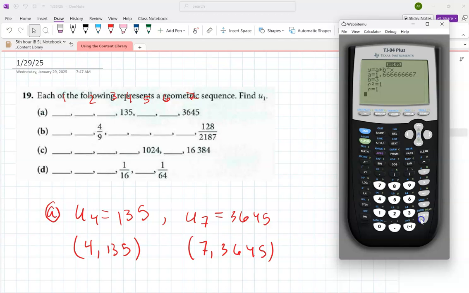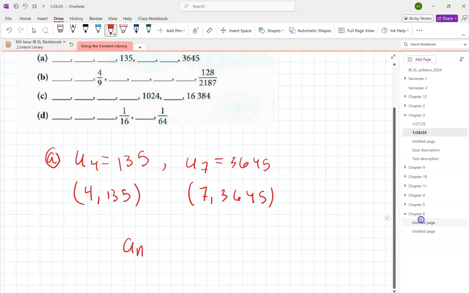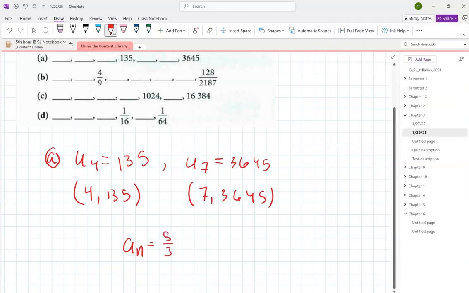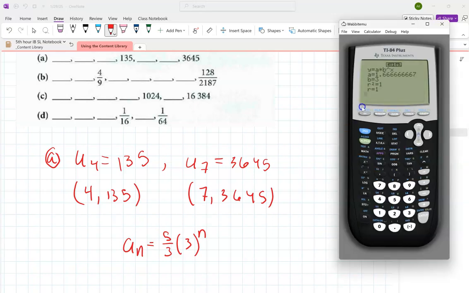So I have the equation a sub n equals 5/3 times 3 to the x, or I should say n. Does that feel okay? Well, you're not going to get an exact answer if you did a decimal. You know what I mean?